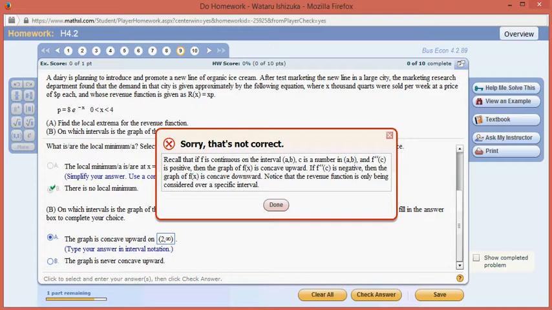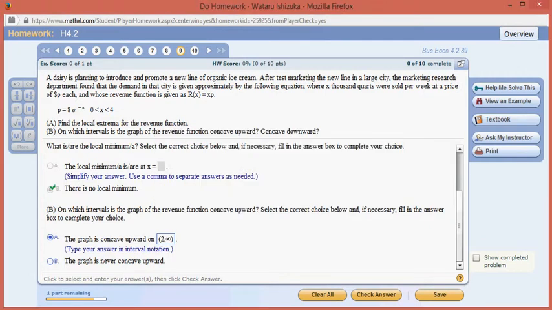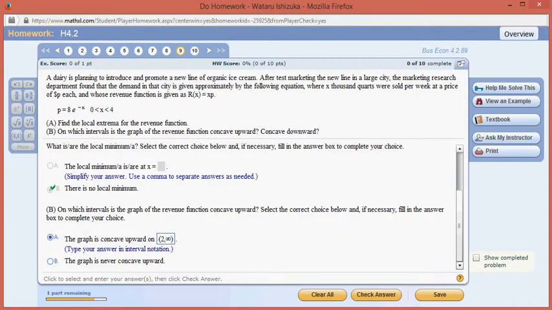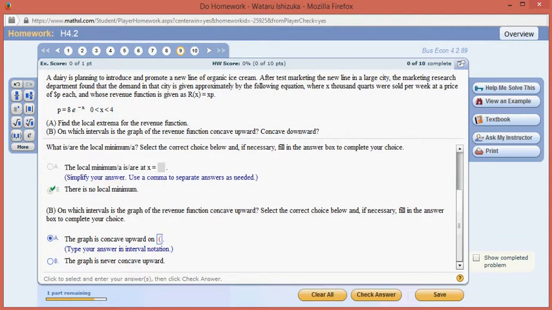Oh, we got this one wrong. We're concave upward on 2 to infinity, so I think I'm okay there. Maybe I'll try again. It's 2 to infinity.